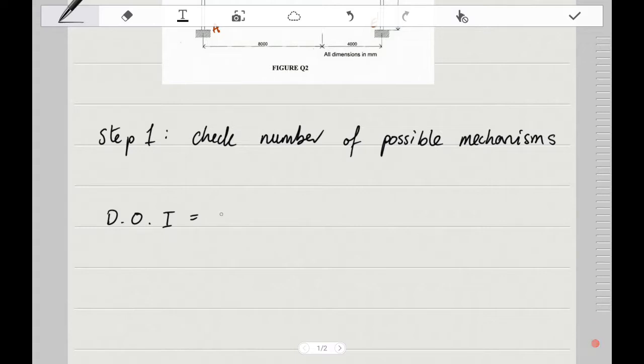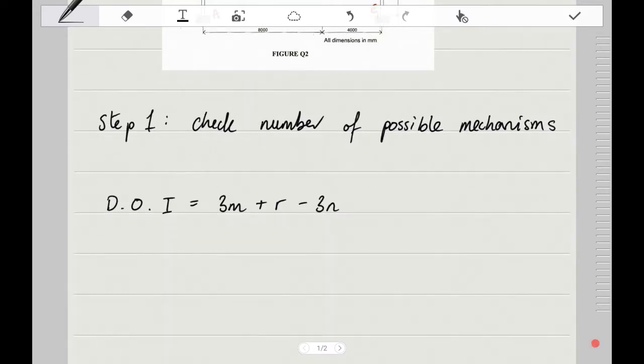Now we can use the formula 3m plus r minus 3n, where m denotes members, r denotes reactions, and n denotes the number of joints.